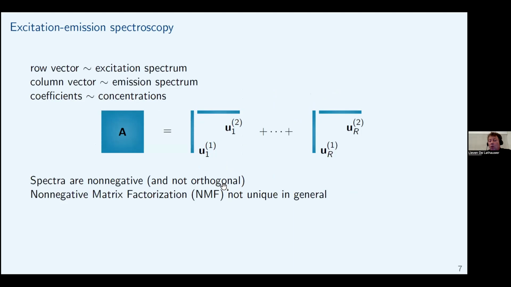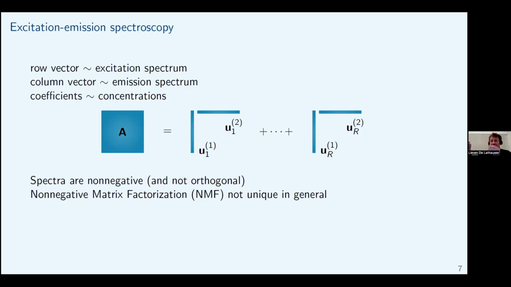And now there is a chemical law, Beer-Lambert's law, that tells you that this data matrix can be decomposed in rank 1 terms. And every rank 1 term is the contribution of one fluorescent component in your chemical mixture.